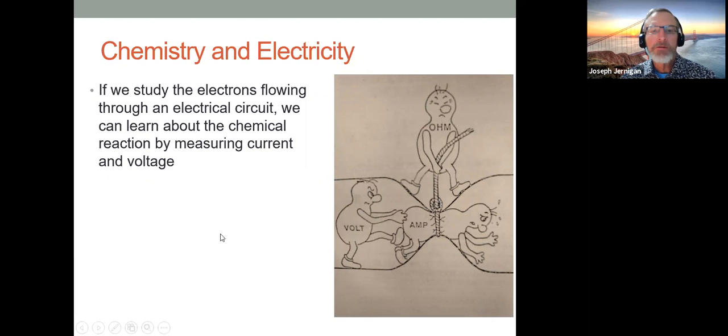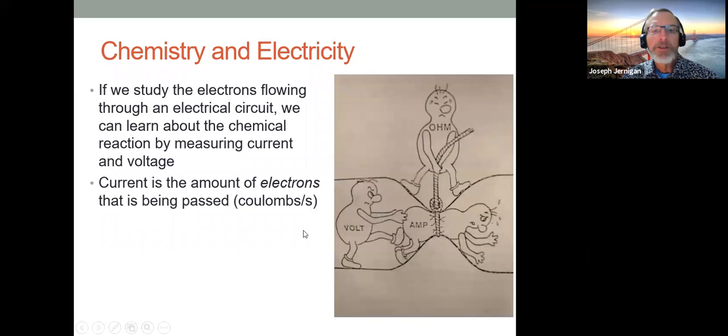More and more voltage. So V is equal to IR is one of the fundamental relationships in basic electricity studies. And when you get to physics, you will study that a lot. Dr. Pearson, I think, teaches that. Current is the amount of electrons that is being passed in coulombs per second, as we've said before.